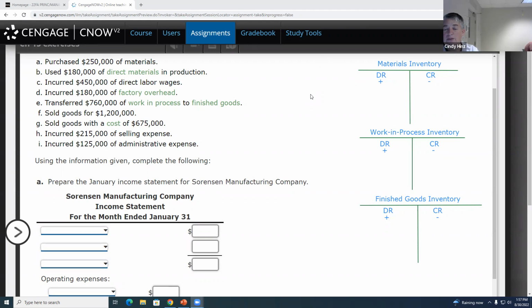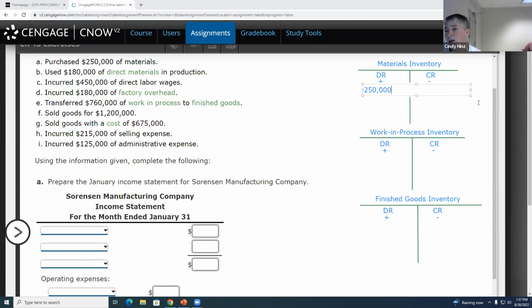So looking at our exercise, and I apologize, I just paused the recording there for a moment. We're starting with letter A. The first thing that happened is they purchased those $250,000 worth of materials. And as I said, we're only recording the part that affects these 3 inventory accounts because that's all we need for the exercise. But keep in mind, if I'm debiting materials, when we buy these materials and add them to the materials inventory, there must be a credit.